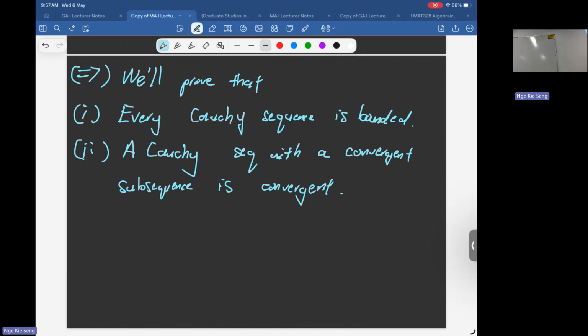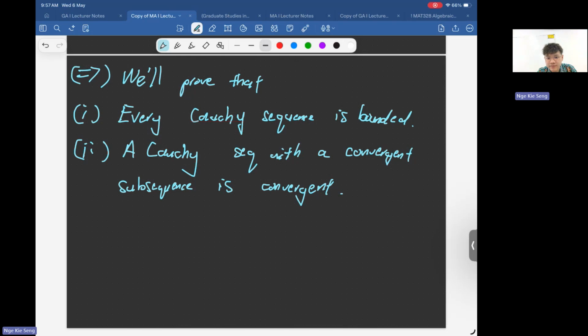Do you still remember the theorem that can give you a convergent subsequence? Bolzano-Weierstrass. But what's the important ingredient there? Bounded. So the first part is bounded. Once you prove bounded, then Bolzano-Weierstrass will tell you there's a convergent subsequence, and then you prove that a Cauchy sequence with a convergent subsequence is convergent.